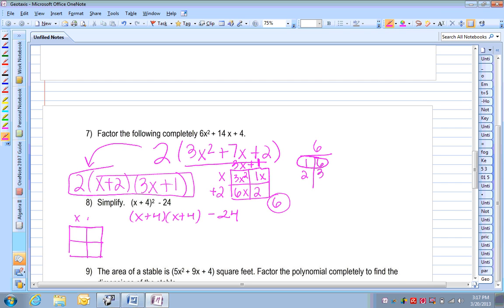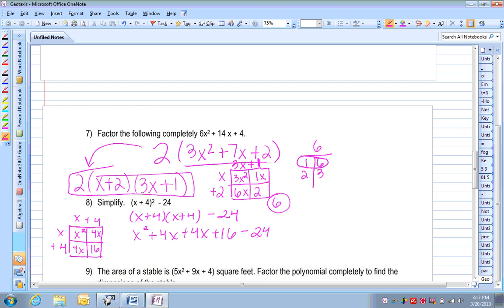So I put my x plus 4s on the outside, and then I go ahead and multiply, and I end up getting an x squared for the first box, 4x, and then 4x, and then I get a 16 on the bottom. So what I end up getting when I multiply x plus 4 times x plus 4 is x squared plus 4x plus 4x plus 16 minus, and you keep bringing down that minus 24.